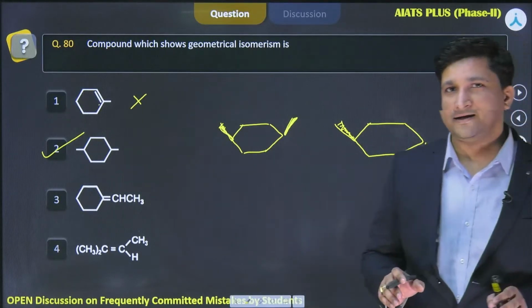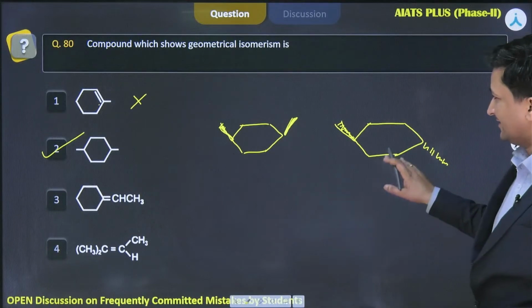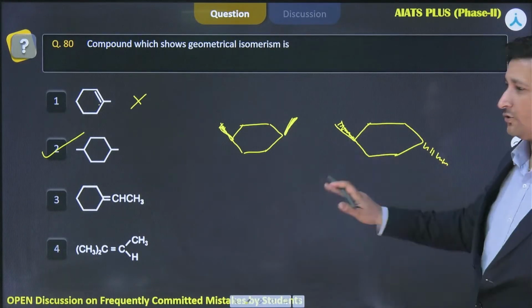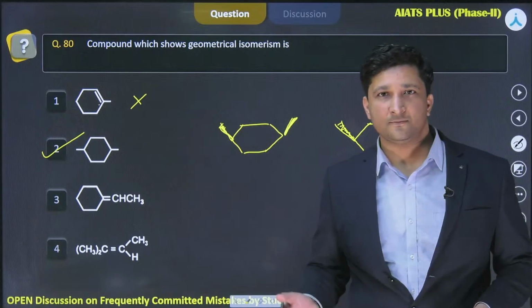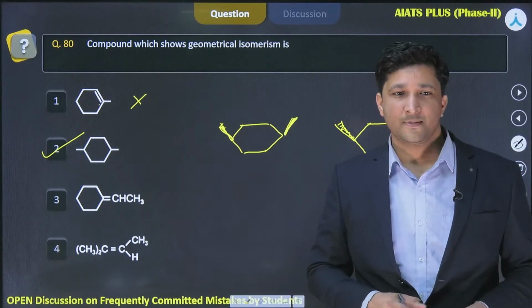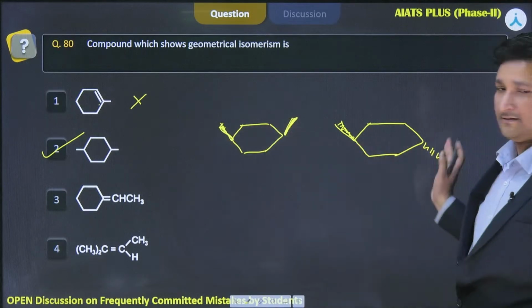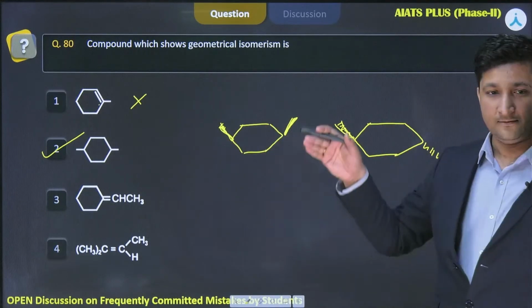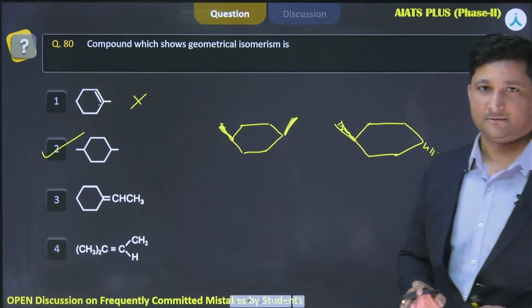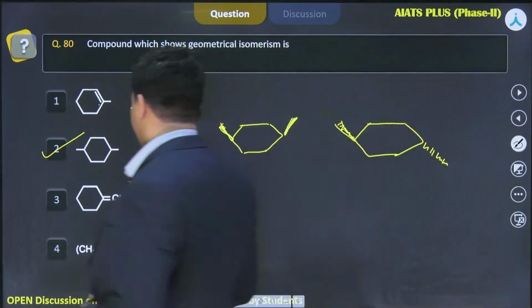Now some students might think, sir, is it possible that if both these two are below the plane, will that not be the third geometrical isomer? So that is not the case. You just have to invert this and both the bonds will be below the plane. So they are not isomers. Okay, so don't get confused here.